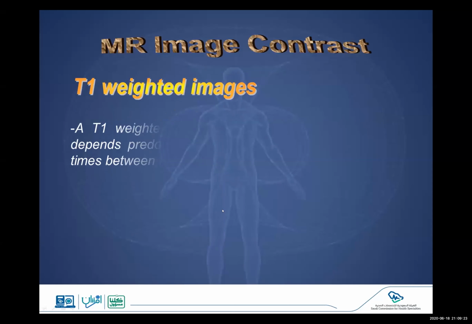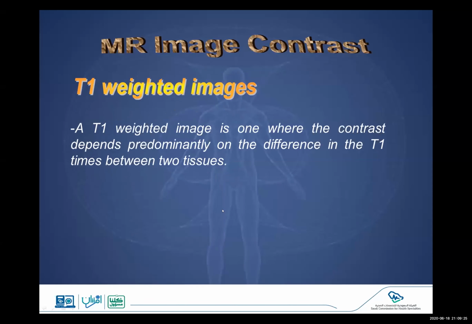So we will concentrate now on different types of image contrast in MRI. We usually hear T1 weighted images, T2 weighted images, proton density weighted images, and what does that mean for us? A T1 weighted image is one where the contrast depends predominantly on the difference in T1 times between two tissues. Remember in school we had different maps.